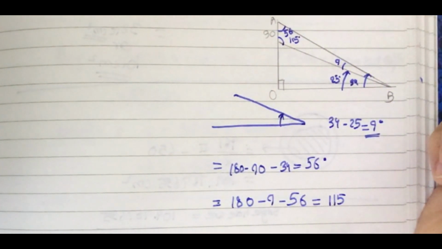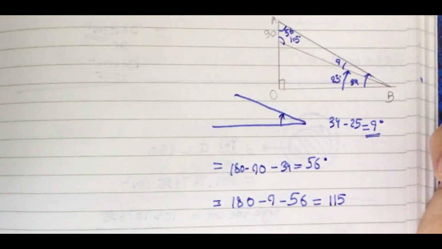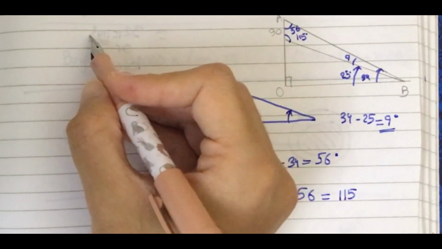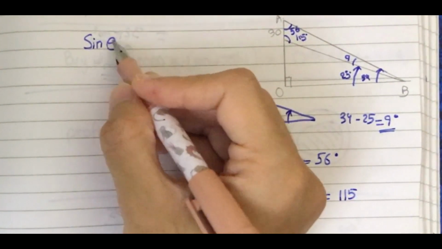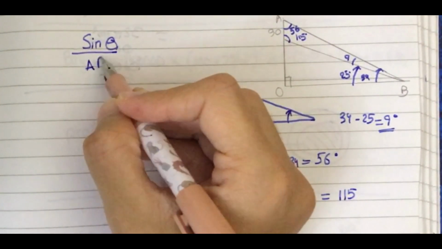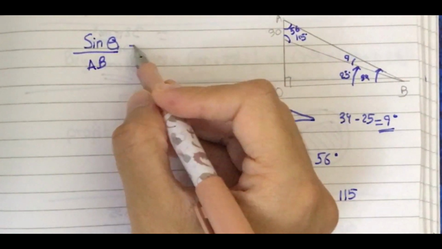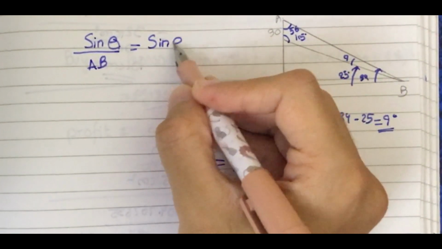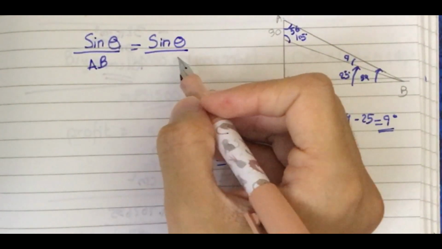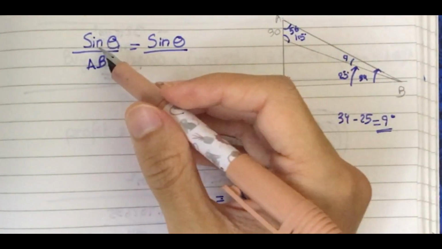Okay, now we can see that we need AB, so we can use the sine rule. The sine rule basically says sine of an angle divided by the distance opposite to it is equal to the sine of another angle divided by the distance opposite to it.